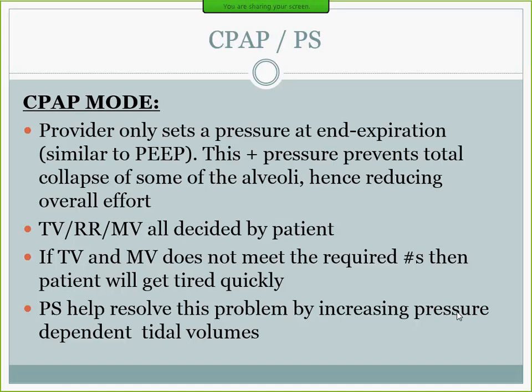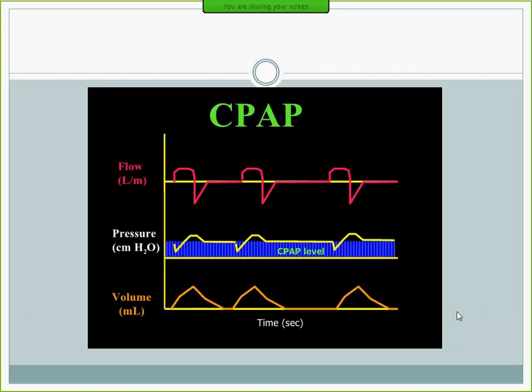So how does pressure support work? This is a CPAP mode, and basically it is cycled by the flow. It is just like a spontaneously breathing patient. This is what we are doing right now. It generates some pressure and some tidal volume. If tidal volume is not sufficient, then you may get tired very quickly. So this CPAP is basically just the positive pressure at the end of expiration.